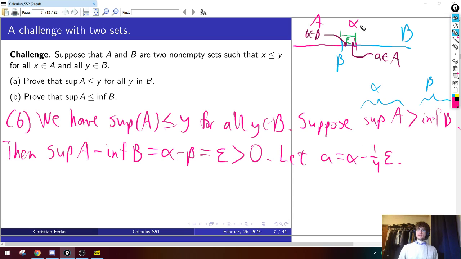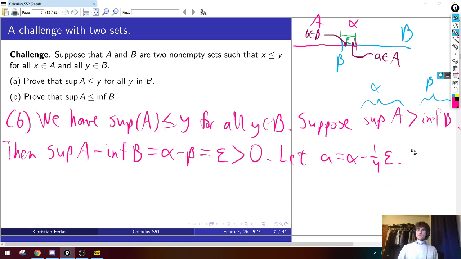Good, exactly. If there were nothing between alpha minus 1/4 epsilon and alpha in A, then this guy would be an upper bound as well, right? That's the definition. If there's nothing in A bigger than this guy, then alpha minus 1/4 epsilon is an upper bound, which contradicts that alpha was the smallest upper bound.